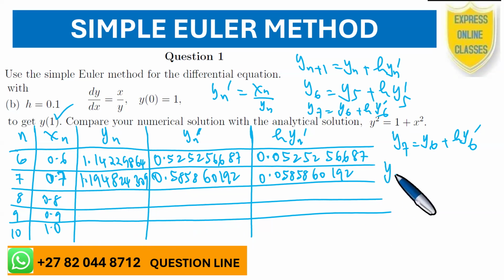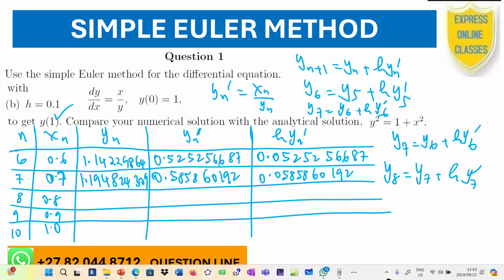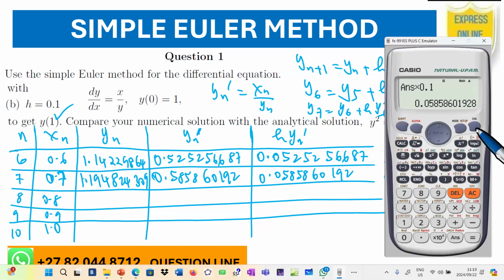Okay, now we're getting Y8, getting closer to what we want. Y8 is exactly Y7 plus H times Y7 prime.